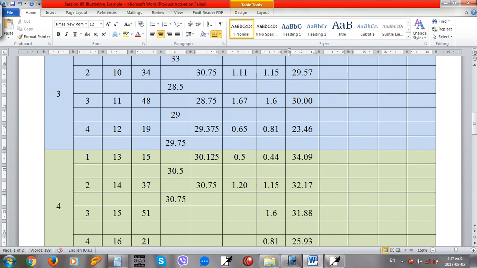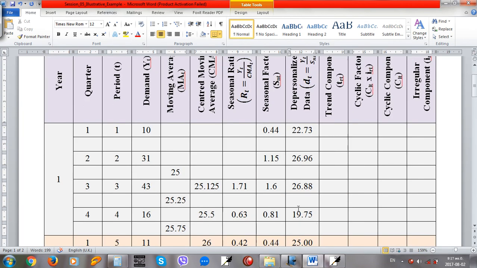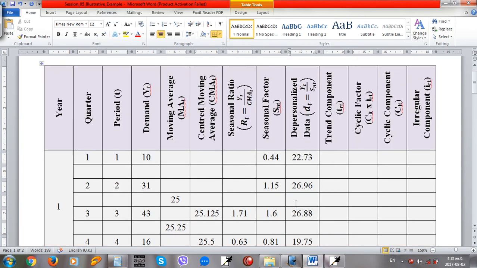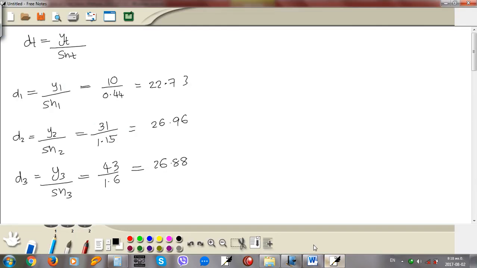Then we have to find the trend component. To find the trend component, you can use this equation. Model for the trend by the following linear regression, that is trend equals beta naught hat plus beta 1 hat times t, right?